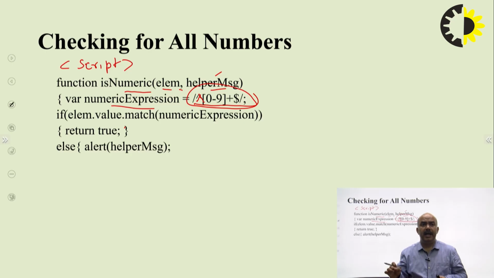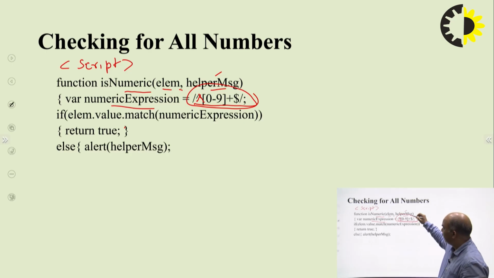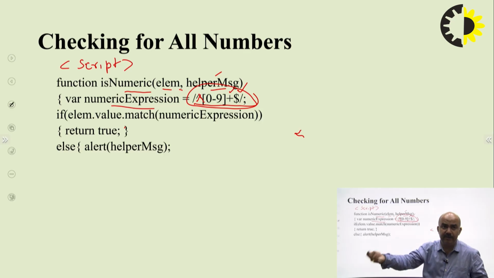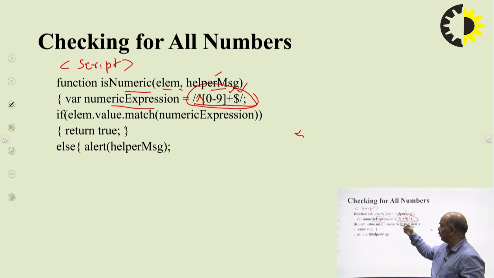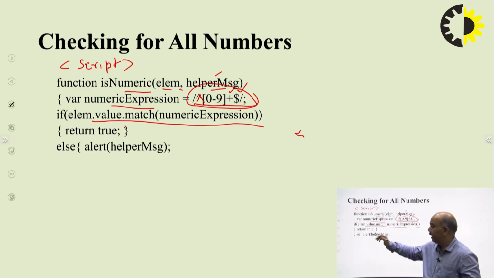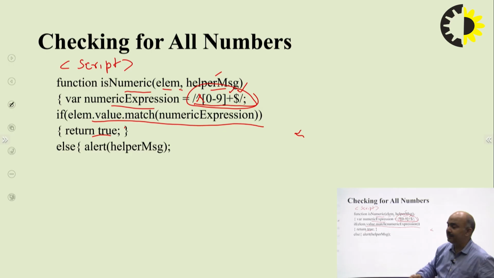These digits must appear one or many times, and at the end a digit must be there. If the input you are giving matches this rule, the function verifies the input string, the numerical expression is acceptable, and we return true. Otherwise, we alert and a message will be displayed.